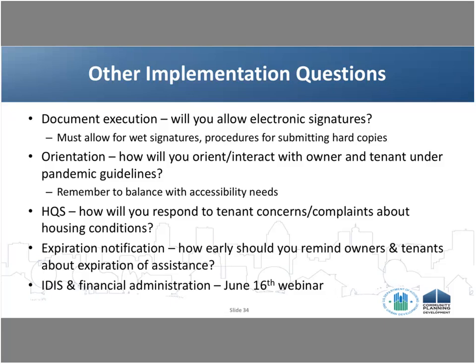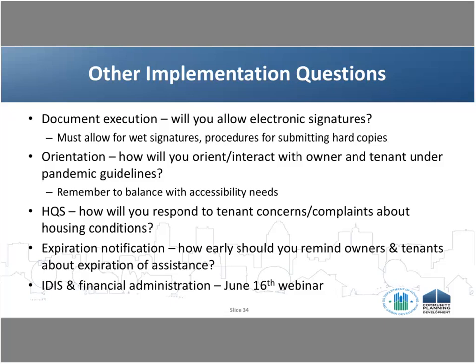Third, we want to remind you that although there was the waiver for the initial inspection under the April 10th waivers, you are still obligated as a PJ to try to ensure that tenants are in safe units and to respond to tenant concerns and complaints about housing conditions.